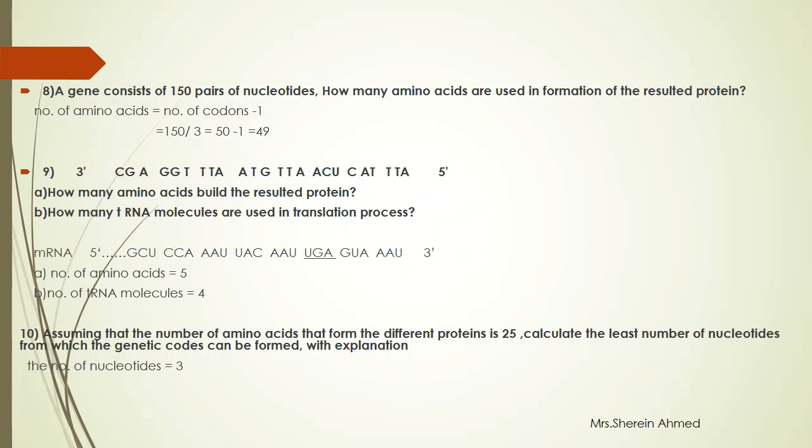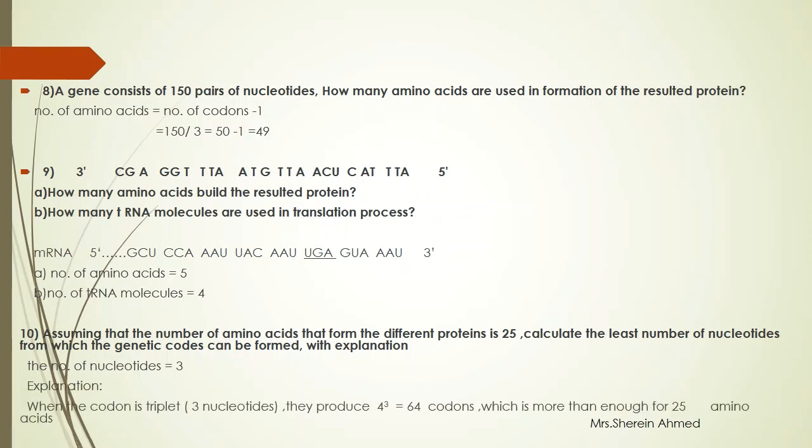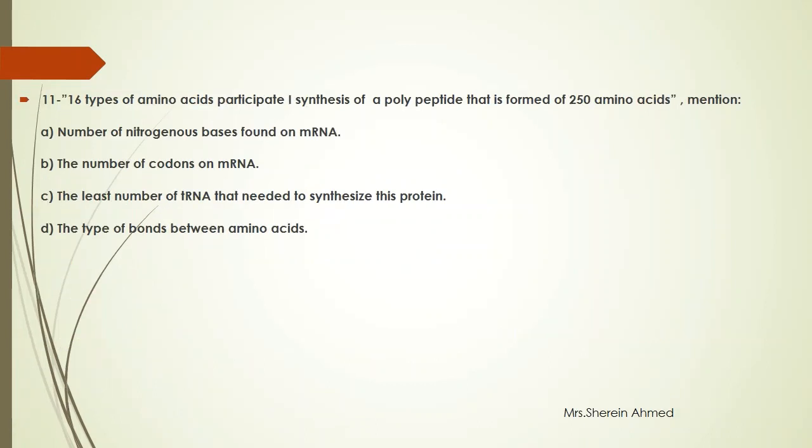So the codon is triplet also if the number of amino acids is 25 instead of 20. Of course, when the codon is triplet, they produce 4 power 3 equals 64 codons, which is still more than enough for 25 amino acids.